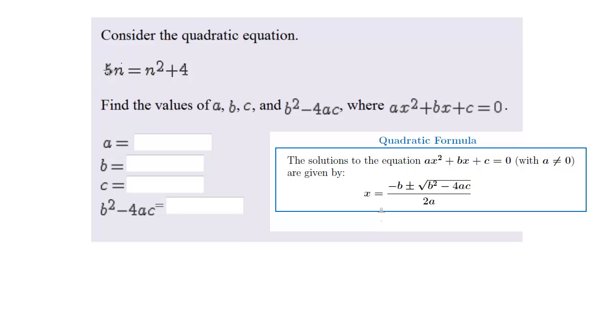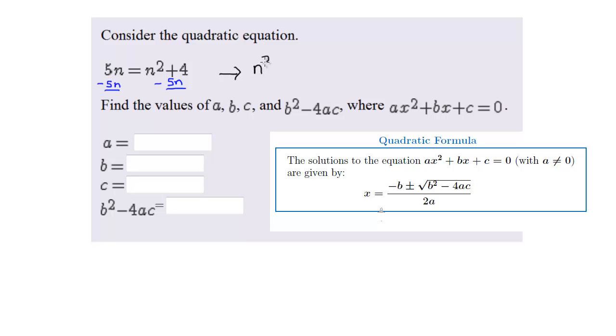Now, how are we going to rewrite that? We need to bring this 5n term to the right side. So I'm going to subtract 5n from the left and 5n from the right. That gives us a new equation where all the terms are on one side of the equation set equal to 0.